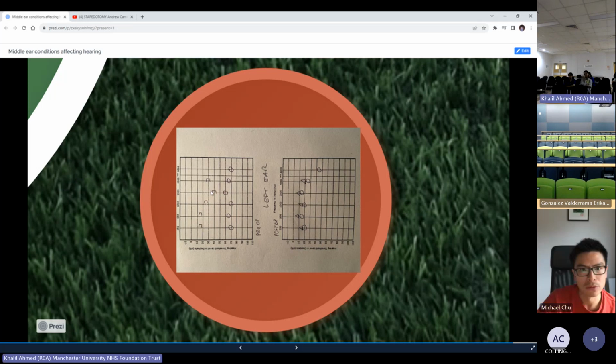And because your resonant frequency is at about 2 kilohertz, you get the maximal effect at 2 kilohertz.